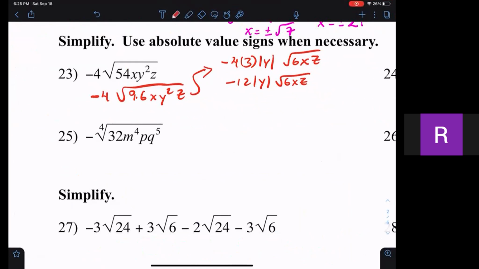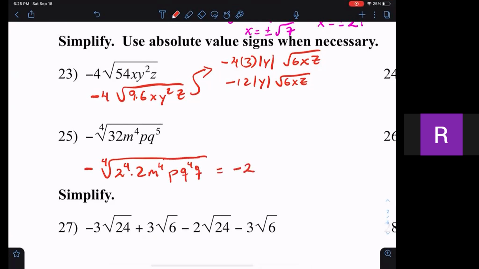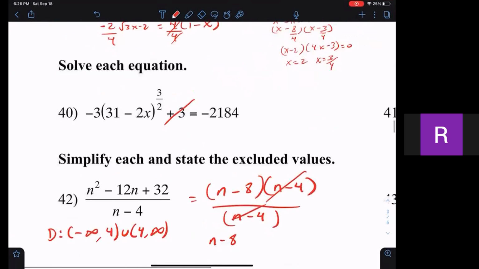So here they have 4th roots, right? So I can say this is what? 2 to the 4 is 16 times 2 is 32, and p to the 4, q to the 1, right? So I can take out the -2, the 4th root stays here.